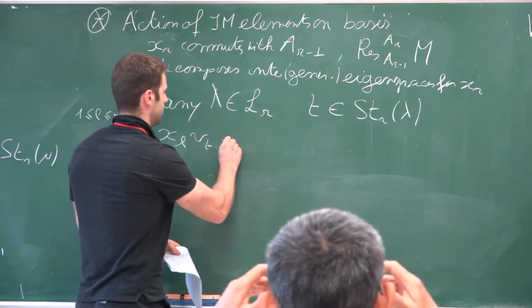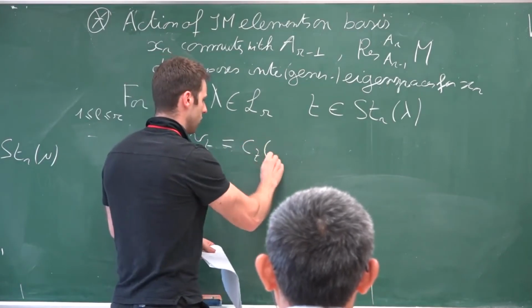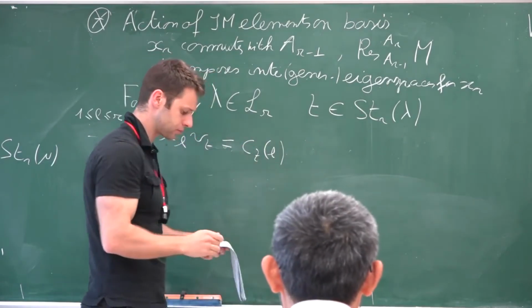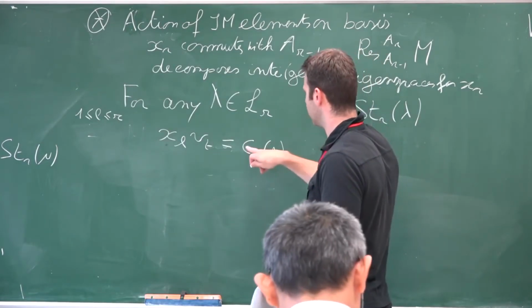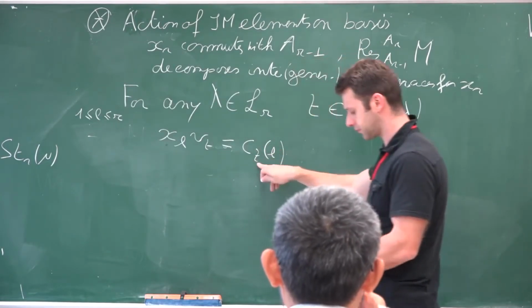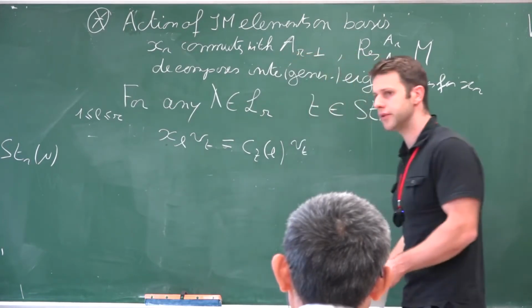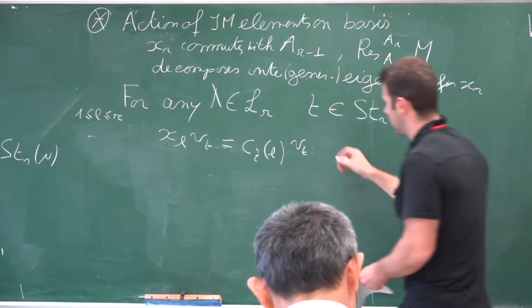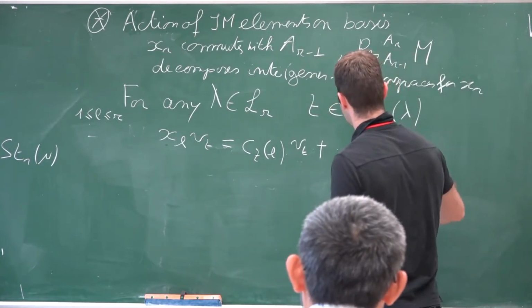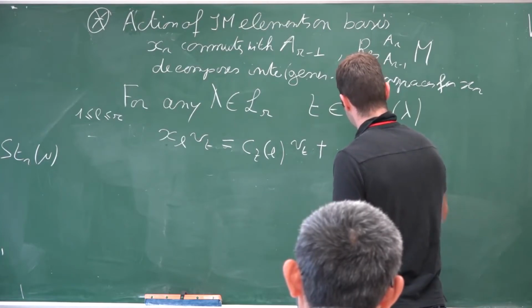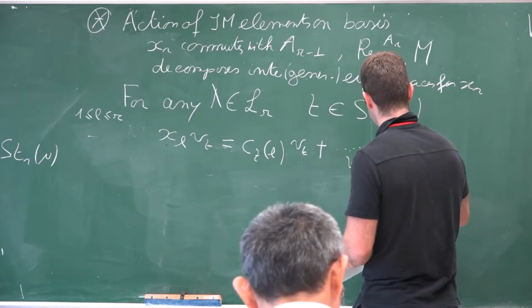So what you will get is some constant depending on L and T, times the same element, up to some basis elements which correspond to paths which are strictly bigger.